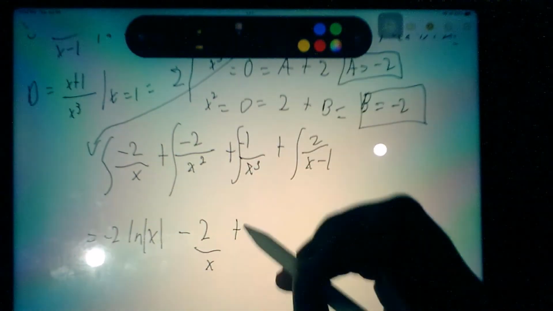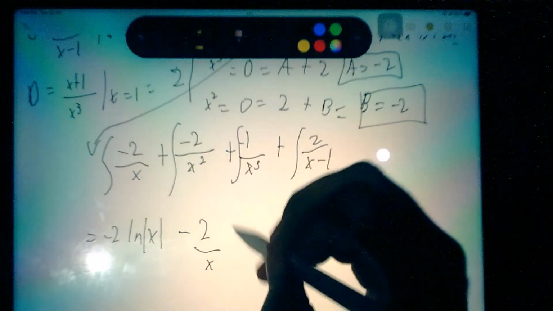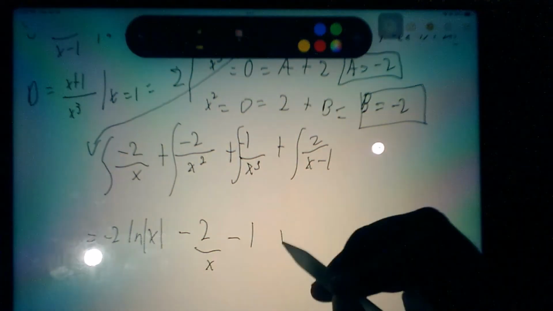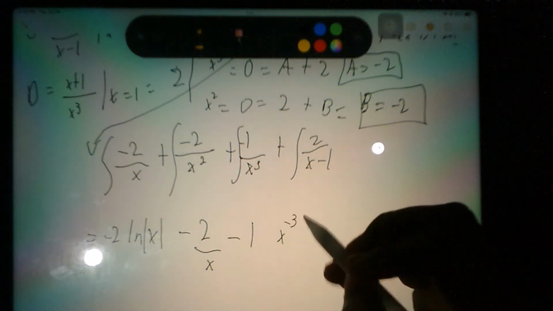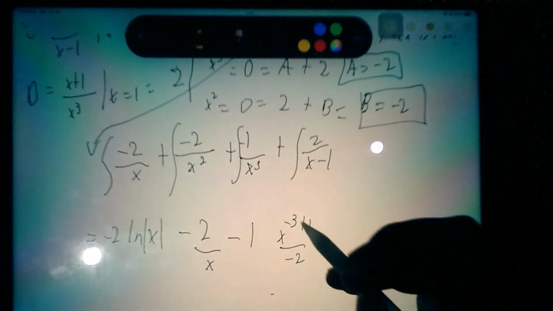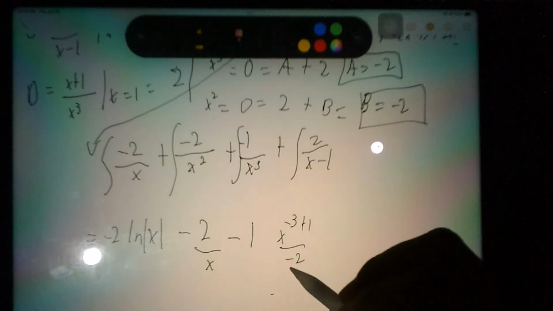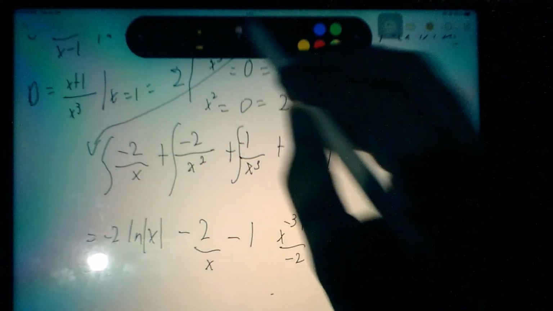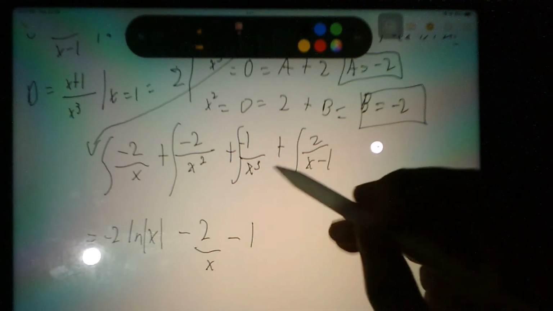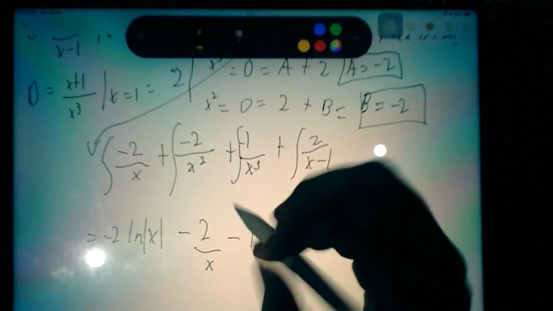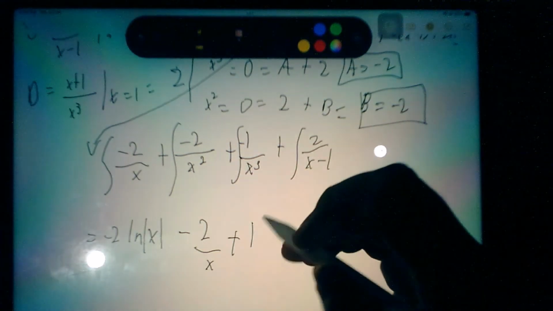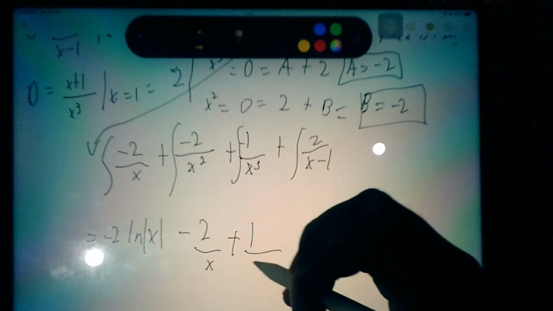Let's put negative 1 outside. X cubed here becomes negative 3 plus 1, negative 2. Negative and negative, same signs add, so this will become positive 1 over 2x squared.